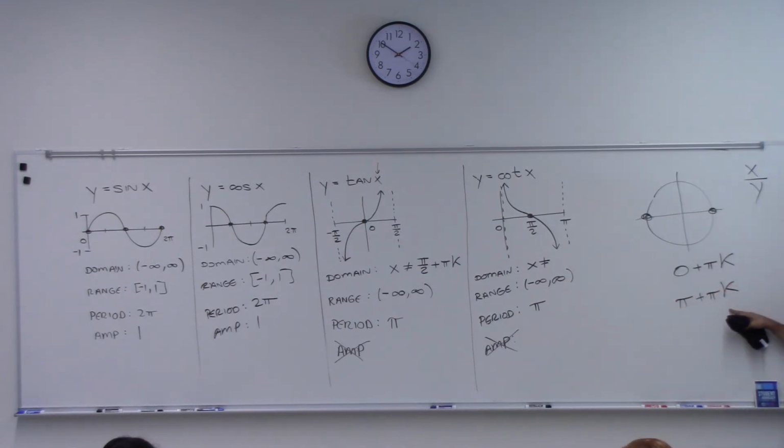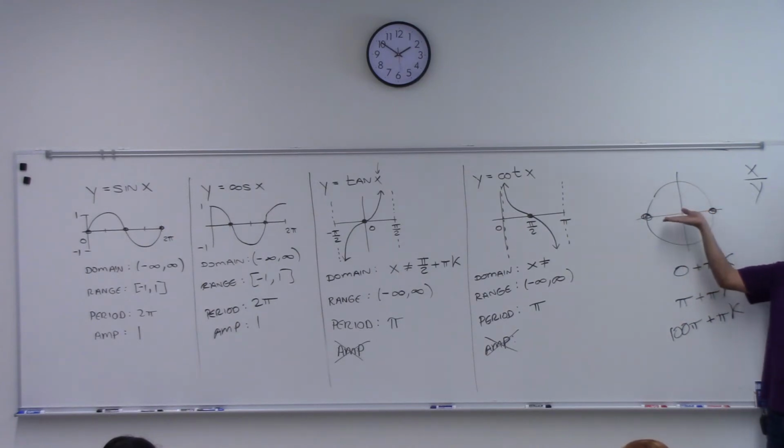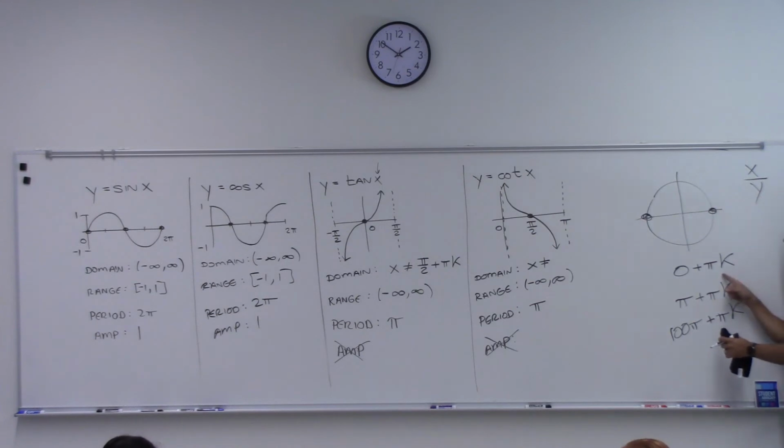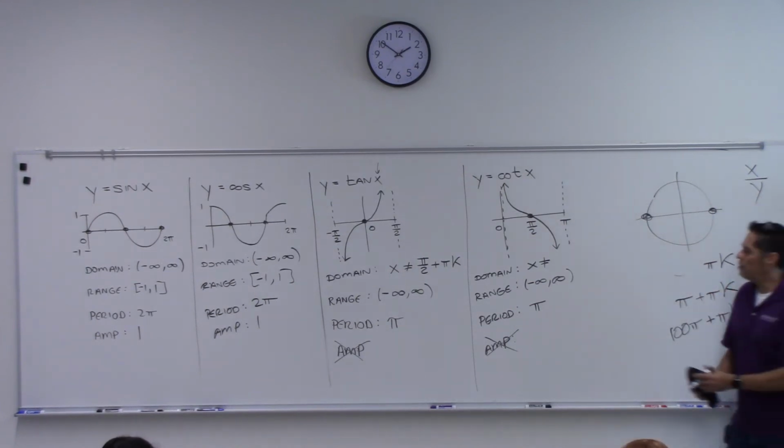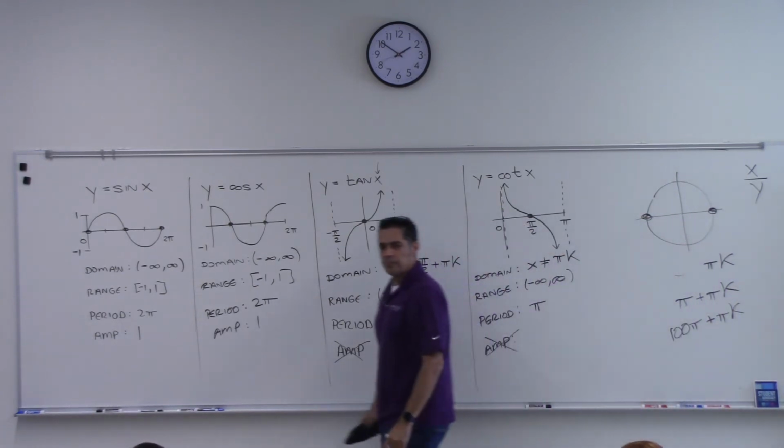That's a correct answer as well. You could start at 100 pi if you want and add pi k. It doesn't matter where you start as long as you start here or here. That makes sense? Any of those are fine, but I think this one's the cleanest one, right? Take the 0 off, just pi k. So we want to make sure it's not pi k. Good?